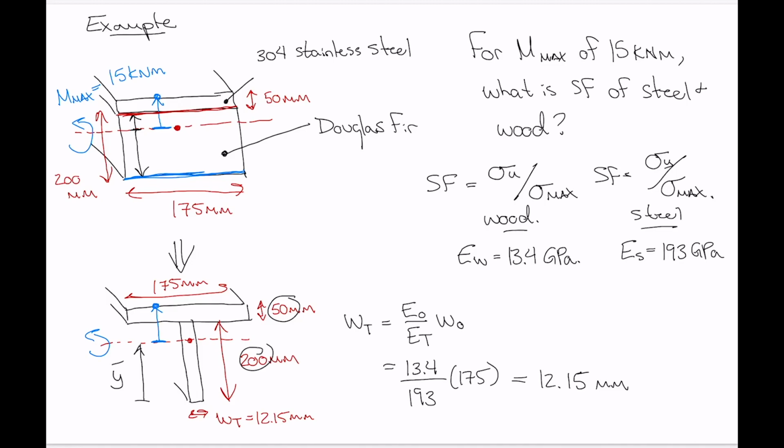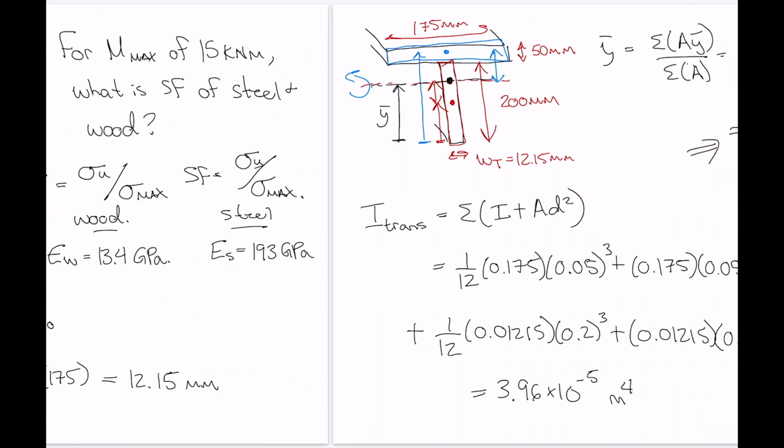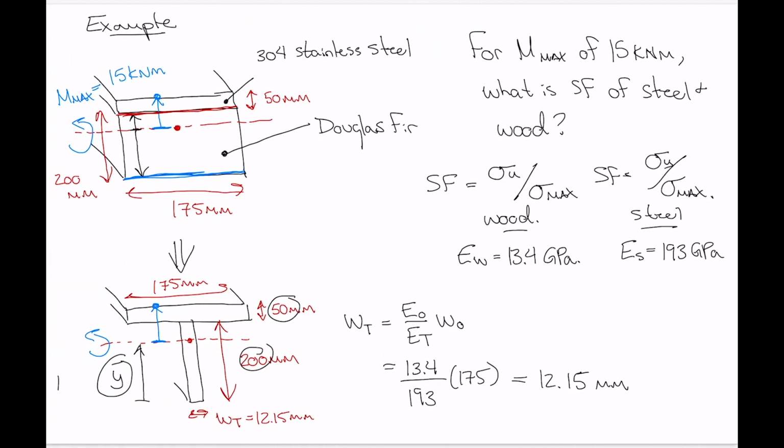In this case, it's not really too much to think about, because we know that Y bar has a value of, what, 197 millimeters, right? So this centroid location is almost at the interface between the steel and wood, because this dimension is only 200 millimeters.